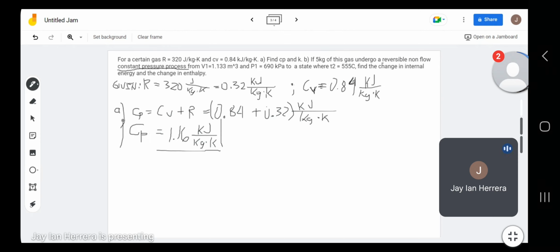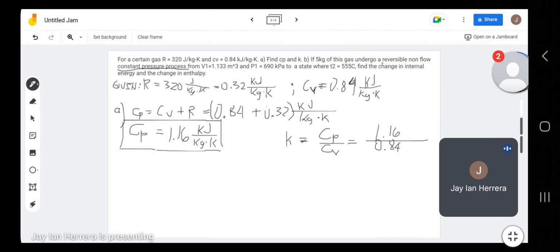And then, of course, the specific heat ratio or k ratio nga. So, that is the Cp over Cv, or the ratio of Cp over Cv. And so, nasolve natin si Cp as 1.16. We have Cv that is given 0.84. So both are in kilojoule per kilogram Kelvin.